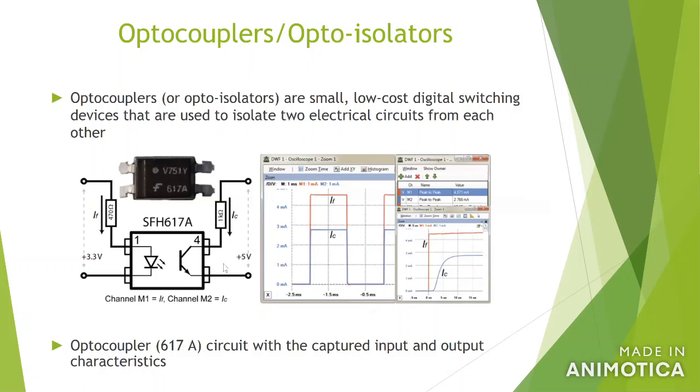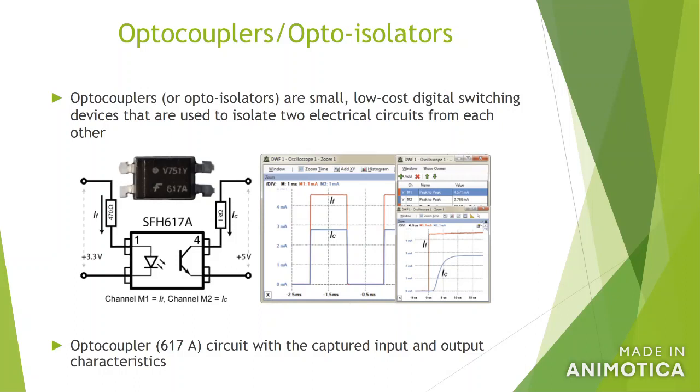Optocouplers are very useful if you have two separate circuits and you want to send a signal from circuit 1 to circuit 2. A lot of the time, if you directly connect these two circuits together, the noise in circuit 1 will be passed to circuit 2, right?